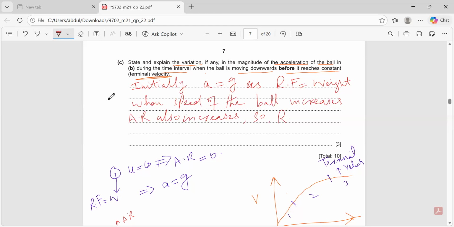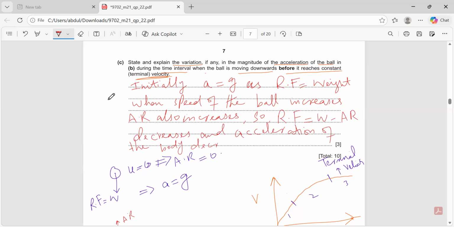So resultant force, equal to weight minus air resistance, decreases, or you can say net force decreases, and acceleration of the body decreases. That's what you can write here, my dear.